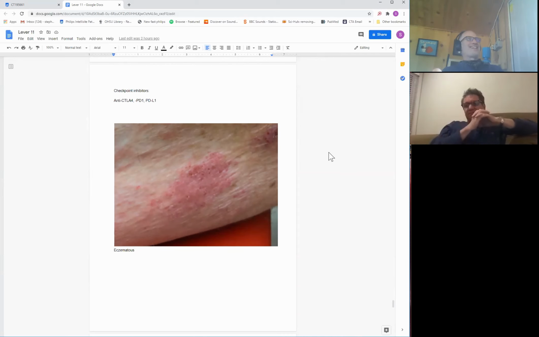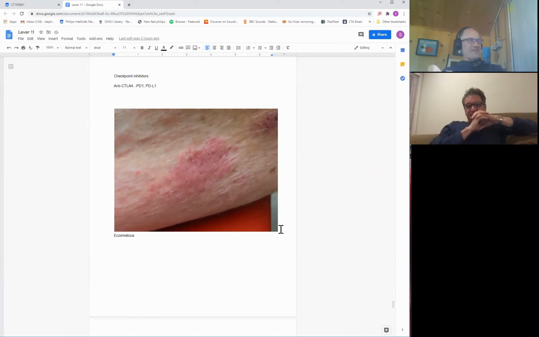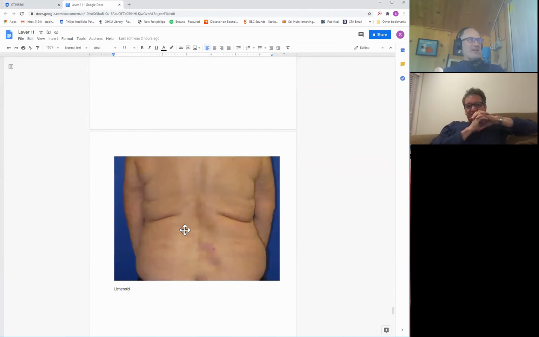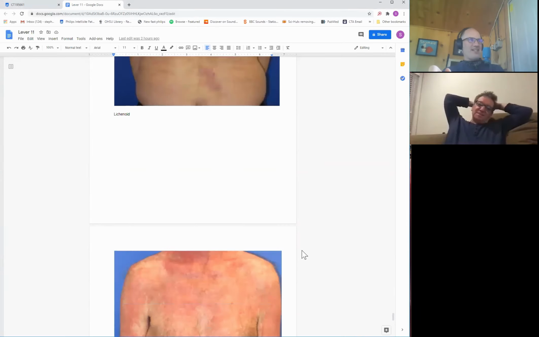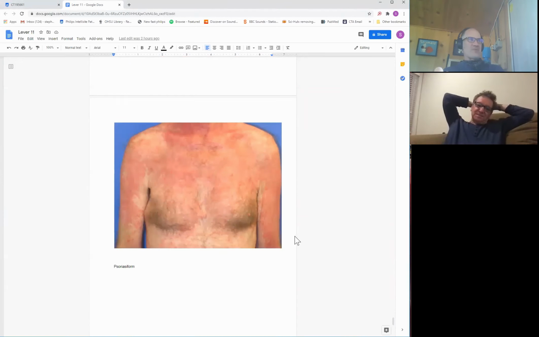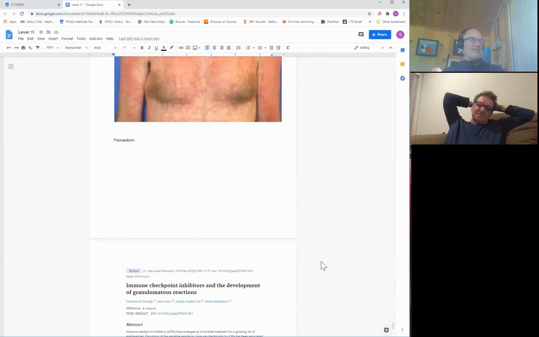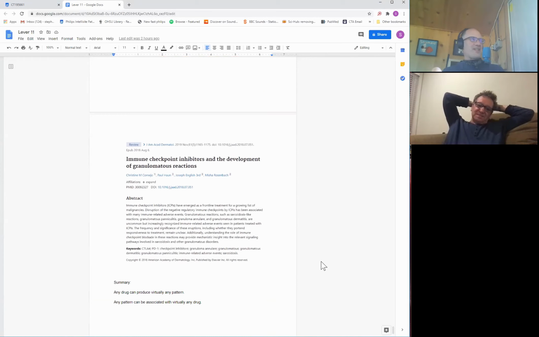And to complete the lecture back where we started, checkpoint inhibitors can cause eczematous eruptions. They can cause lichenoid eruptions. They can cause psoriasiform eruptions. And then I thought this was really interesting for the real pathology freaks out there.